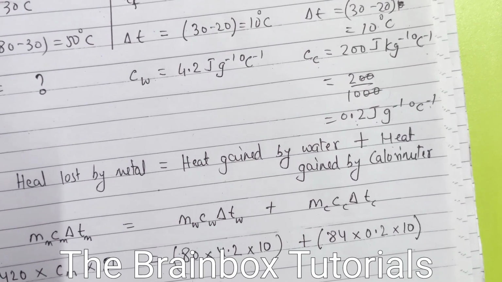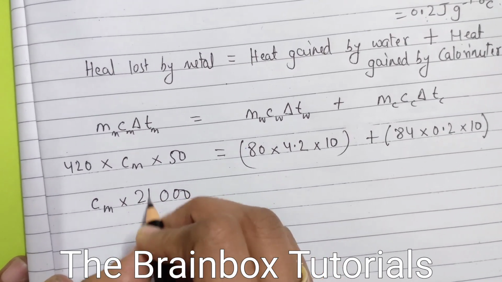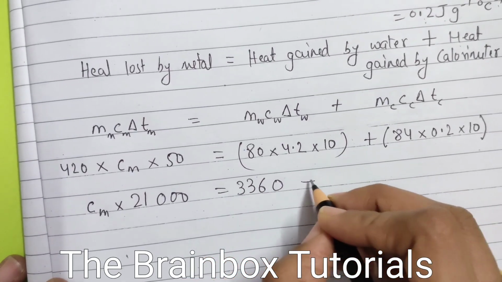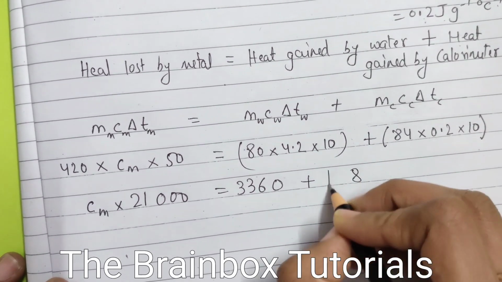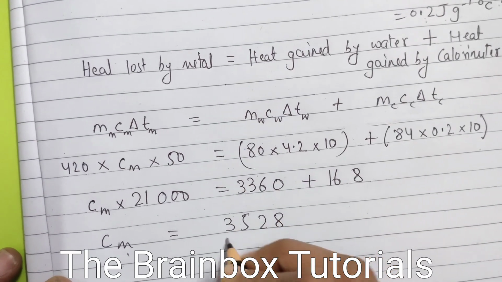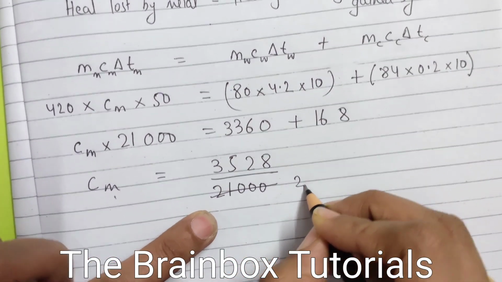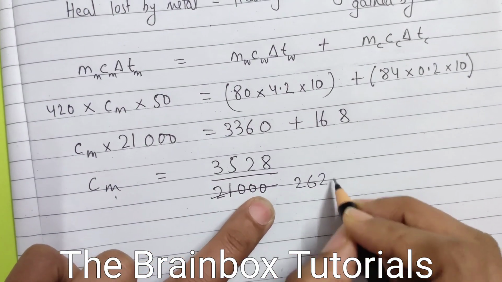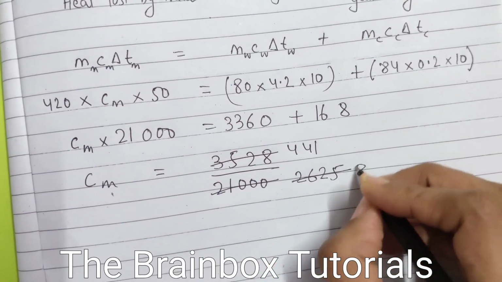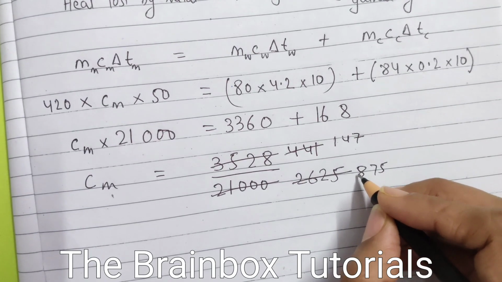It will be specific capacity multiplied by 21,000 is equal to, let's calculate this, 3360 plus 168, that is 3528, divided by 21,000.